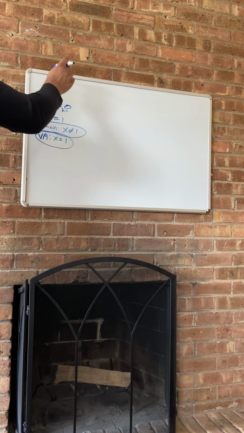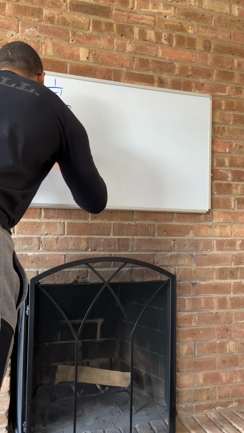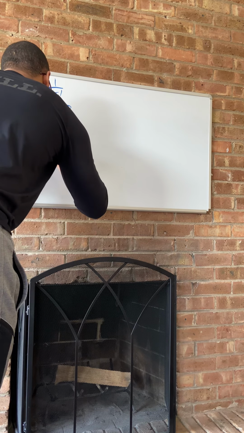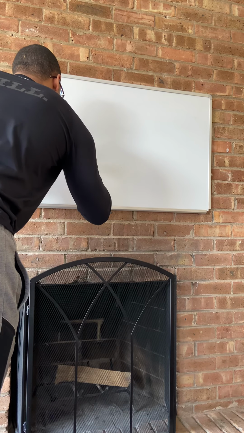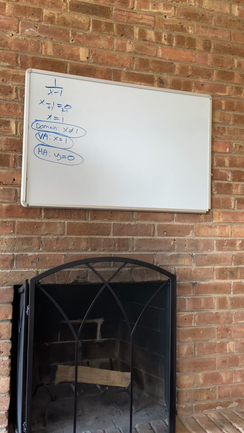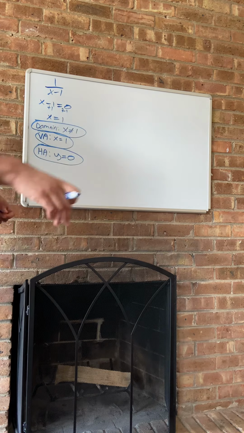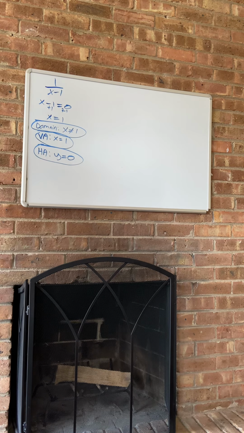Our degree is lower in our numerator than in our denominator, which means our horizontal asymptote is at 0. Make sure you read through those emails so you can follow those rules. So now I found my domain, my vertical asymptote, and my horizontal asymptote, which means I can graph this out.